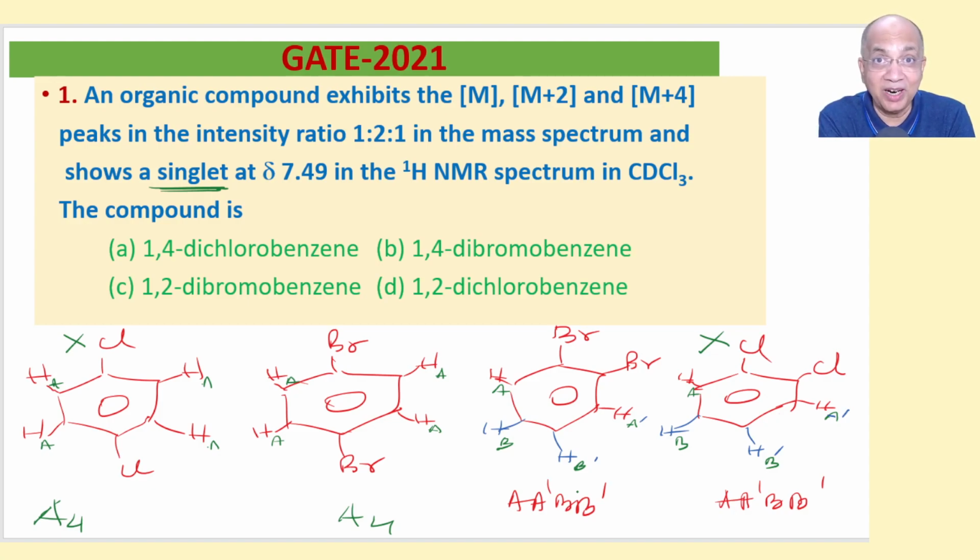Of course, we can't underestimate the importance of mass spectrometry and IR spectrometry. Maybe the importance of UV spectrometry has been a little less, but the other three are very important for characterizing or identifying organic compounds.